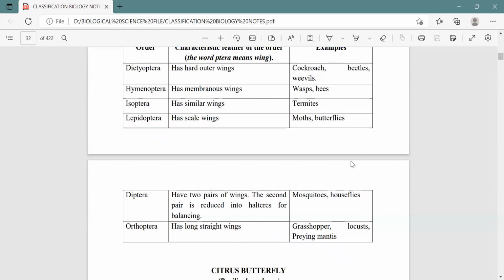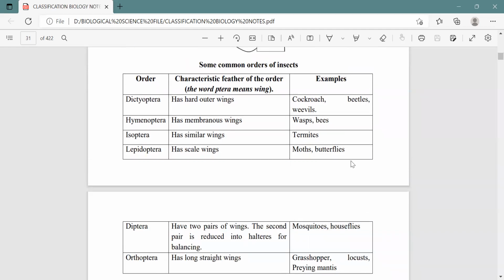The grasshopper is a Janzi. The locust, I think they call it a Zige. So those grasshoppers, praying mantis, locusts are in order Orthoptera. Houseflies and mosquitoes, order Diptera. Moths and butterflies, order Lepidoptera.